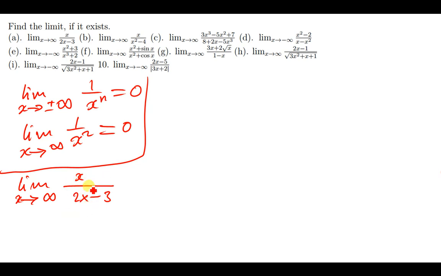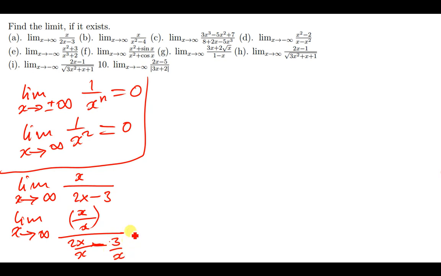On top I'm going to divide x by x, and the denominator I'll also divide by x. So the limit as x approaches infinity of x over x, everything divided by 2x over x minus 3 over x.